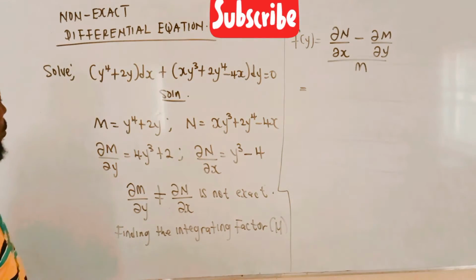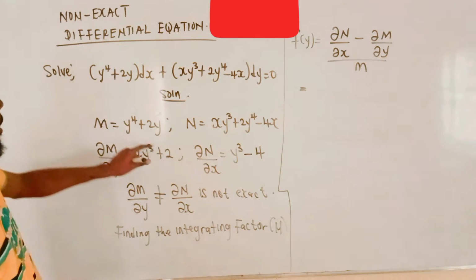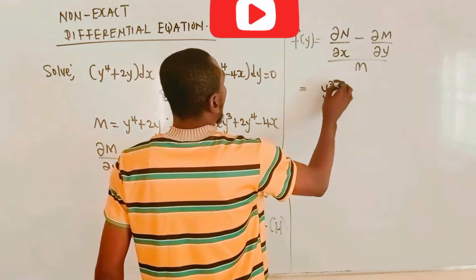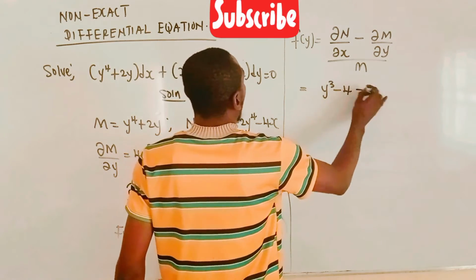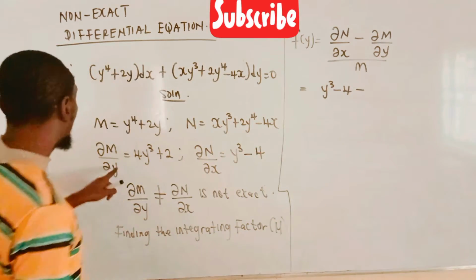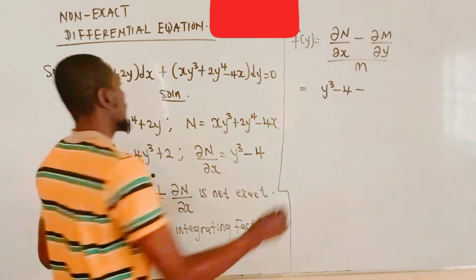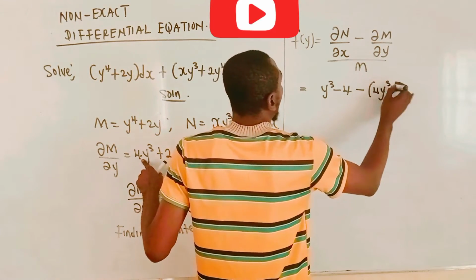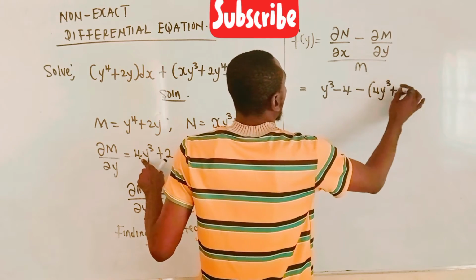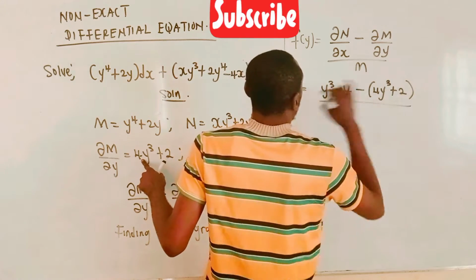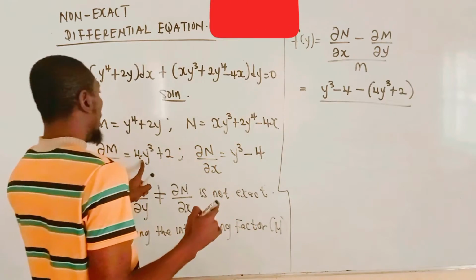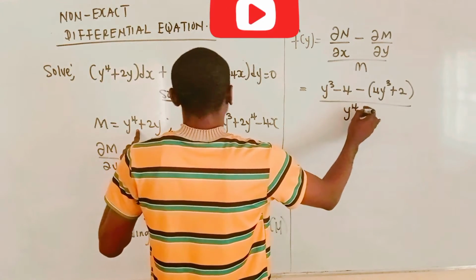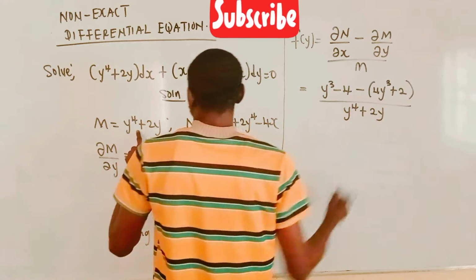The f of y will be equal to the partial derivative of N, which is y³ minus 4, minus the partial derivative of M, that's 4y³ plus 2, all over M, and of course our M here is equal to y to the power 4 plus 2y.